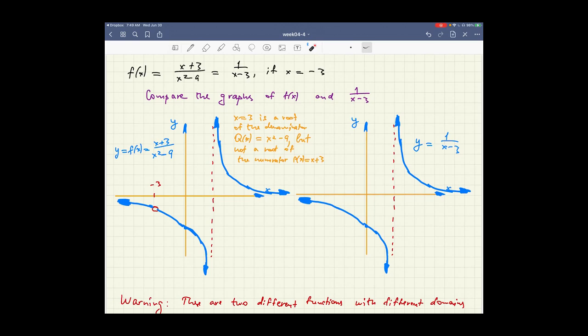We canceled by x plus 3, which was safe. Of course, we could do this only provided that x is not equal to negative 3. And we have this excluded point on the graph, but no vertical asymptote at negative 3.